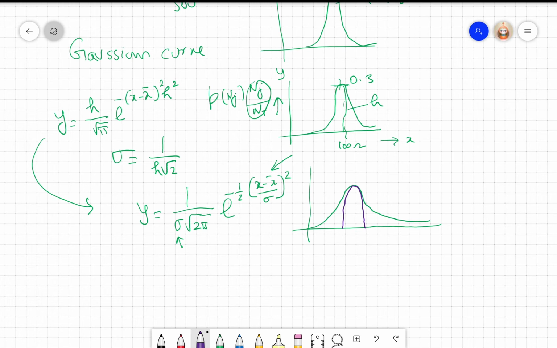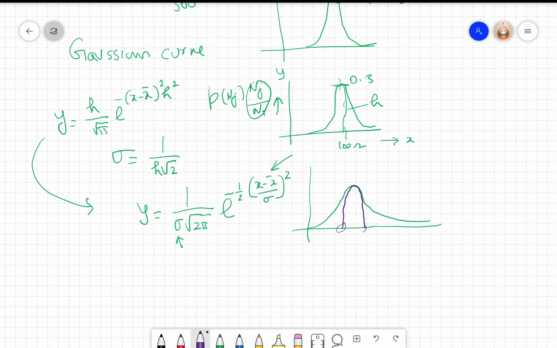But as I said, it is impossible to have a mathematical equation for this bell-shaped curve with discontinuities here and here. So we use the approximate curve which is given by the Gaussian function, right?